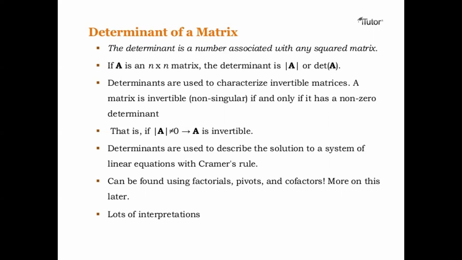That is, if det A is not equal to 0, A is invertible. Determinants are used to describe the solution to a system of linear equations with Cramer's rule. Can be found using factorials, pivots, and cofactors. More on this later. Lots of interpretations.